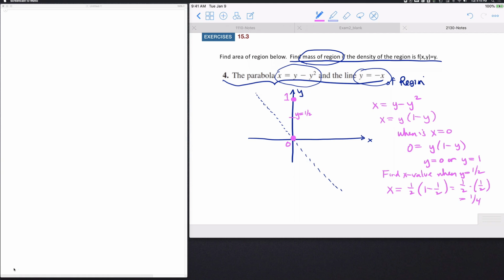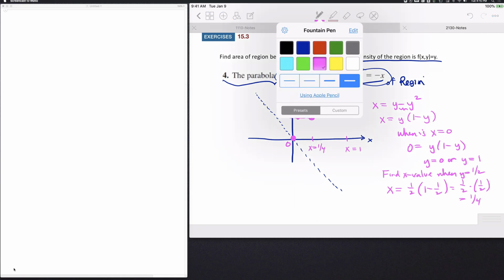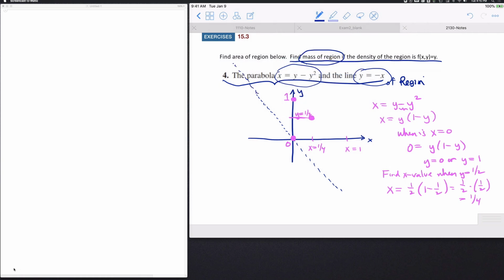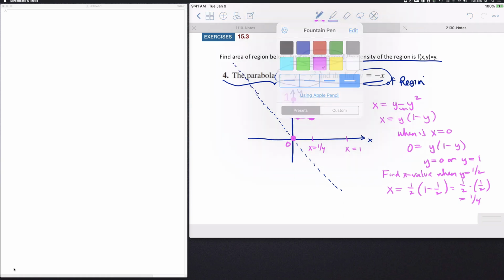So the parabola is right here. It also tells you that since there's a minus y squared, the parabola is going to open to the left. And we have finished just a sketch of this region.